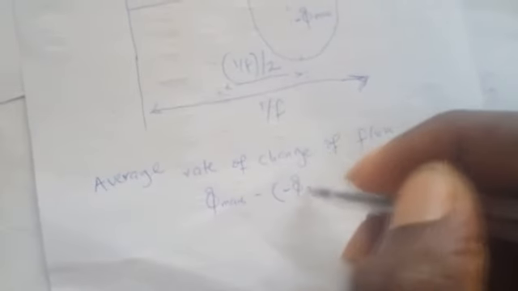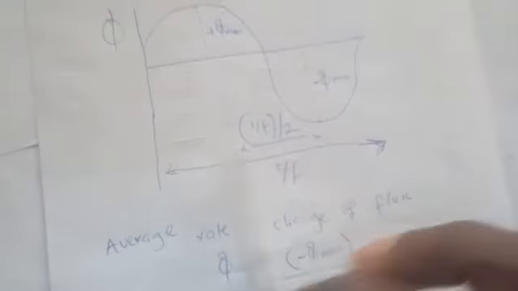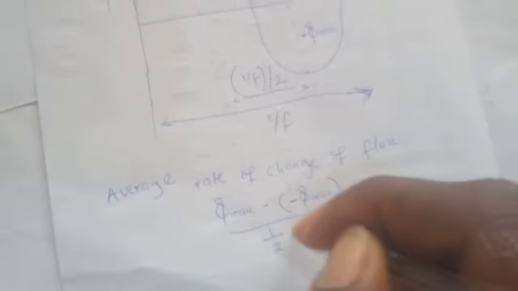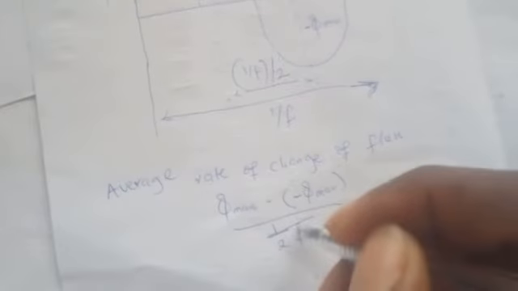So it's also negative of this, so that will be minus this, divided by the time. From here to here is half of the full period, so that is 1 over 2f.